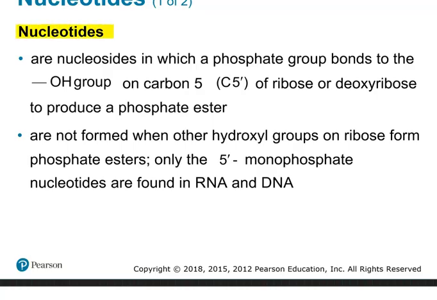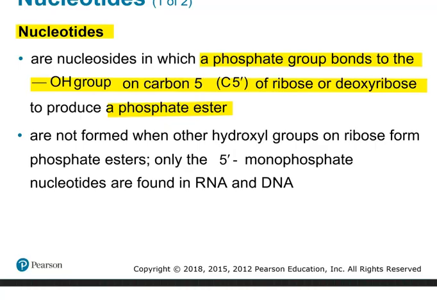The phosphate group has to be bonded on the carbon 5. Whether it is a ribose or deoxyribose, the bond that is formed is effectively phosphate ester bond.